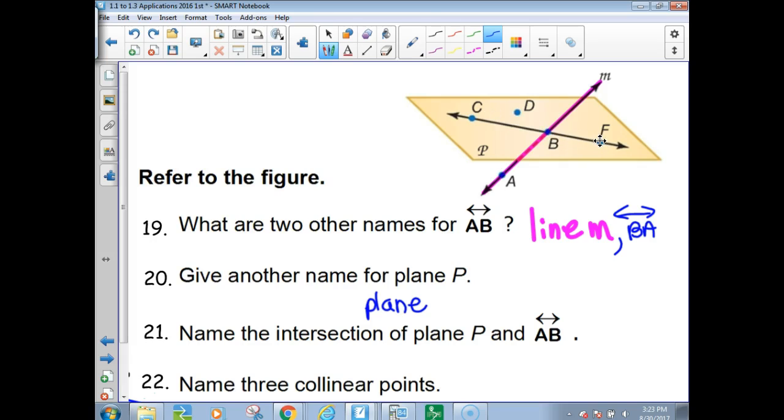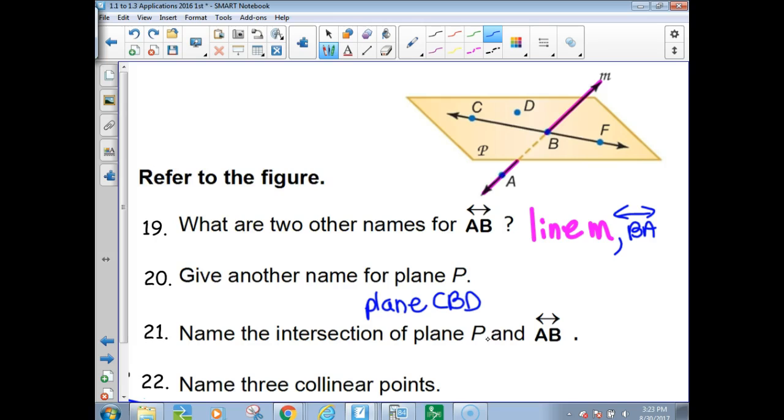You can't do F. C, B, and F are all in one line. It can't be collinear. But you can do C, B, and D. No, A is not on it. A is underneath. Maybe I should erase it at this part right there. See? It's like sticking through it.